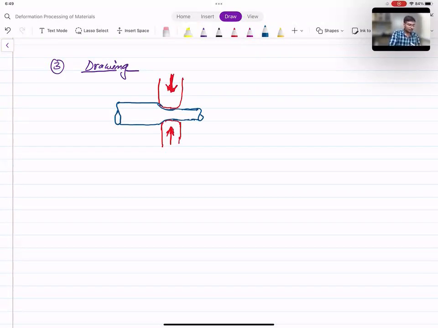These were convex dies which were pressing the material in this form, continuously pressing the material as it was passing through. And suppose the shape of these dies is changed to concave type. So this is drawing, and if concave dies are used to reduce the dimension of material, suppose again this is a rod, and we press it using concave shaped dies like this and this, then that process will be called swaging.